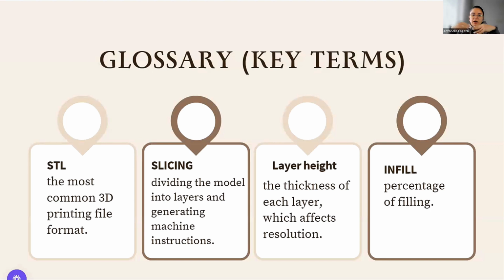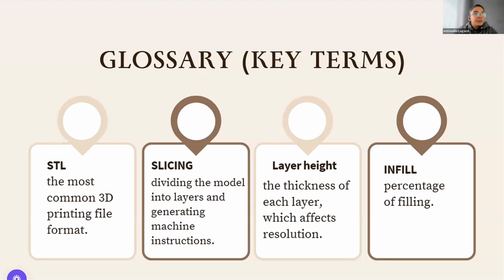And the contrary, if you have a small layer height, the thickness of the layer is very small, you have a high resolution and you barely see the lines of the layers.